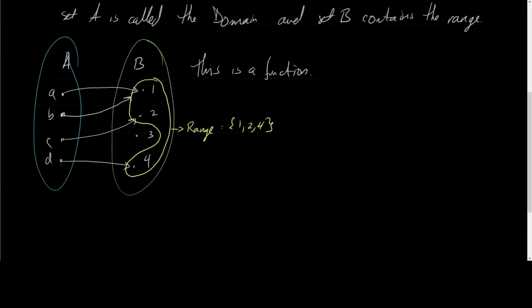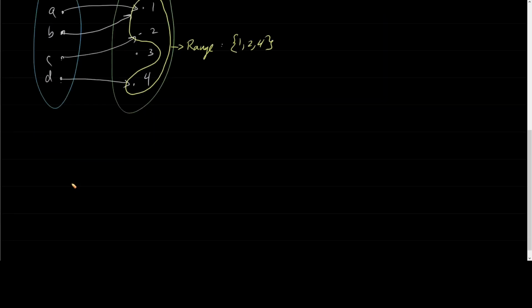It is not the entire set B. Technically set B is called the codomain, but nobody ever really talks about that. Here in yellow, that is the range, the values 1, 2, and 4, because those are the ones being hit by some element in A. So this is a function.